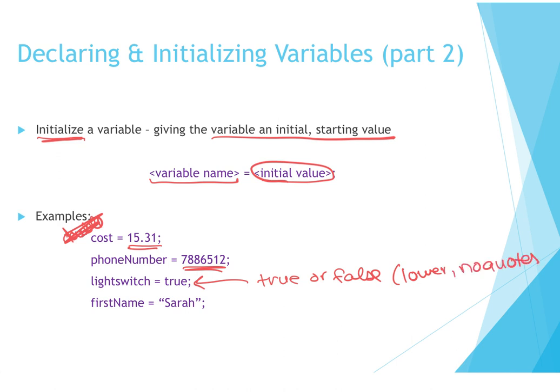That's unique to Booleans. They can only be equal to one of those two answers, and they're lowercase with no quotes. And then here we have a string, which is going to be set equal to text in quotes. Now, you could be setting these equal to another variable value if you wanted to, but they just need to have some initial value in some way, shape, or form.